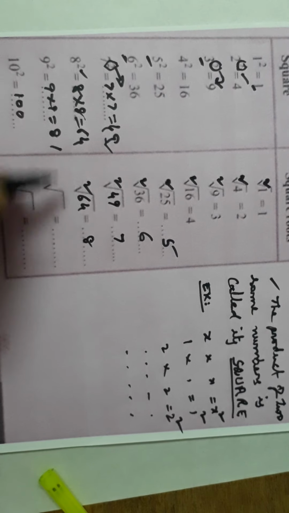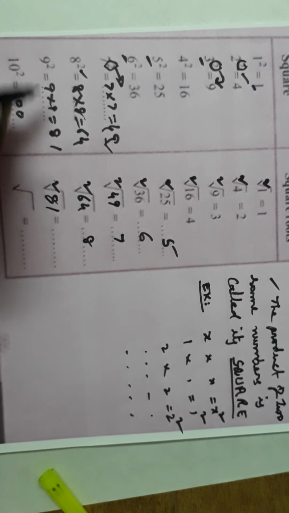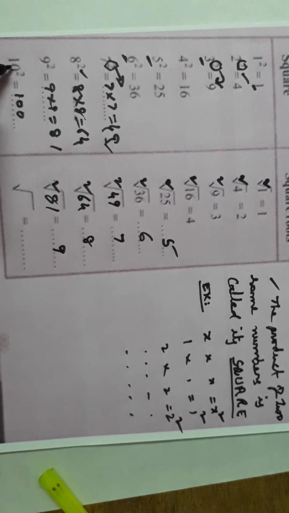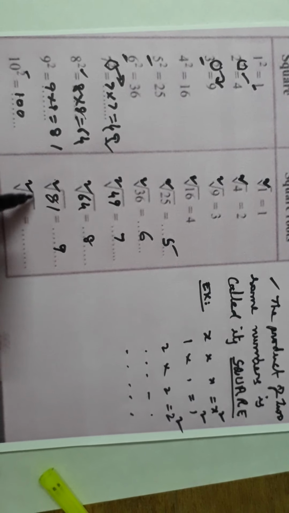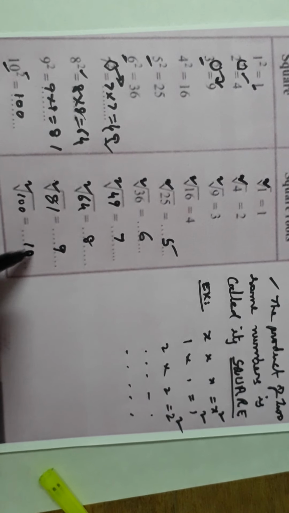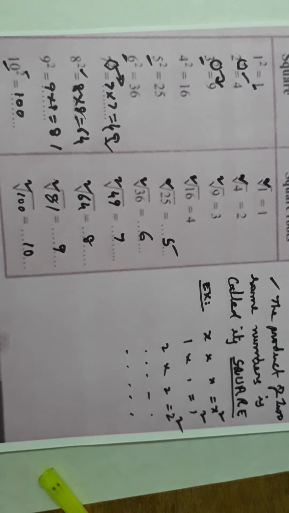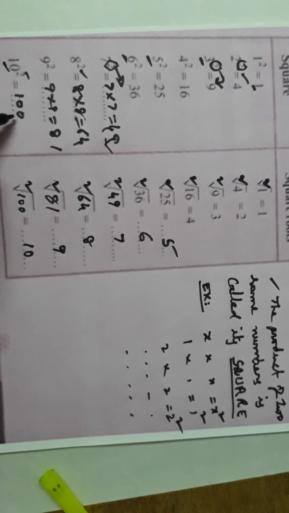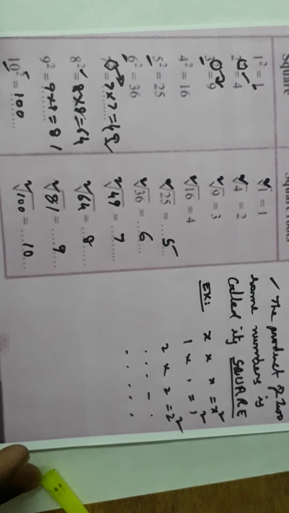Square root 81 is equal to 9. Square root 100 is equal to 10. Okay. 10 is the base, 2 is the power, and it is the answer. Okay.